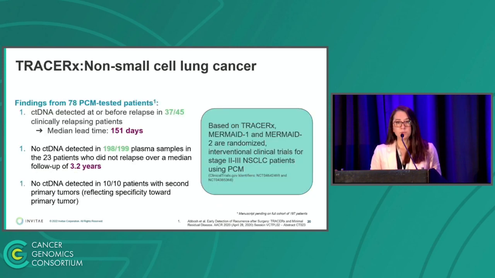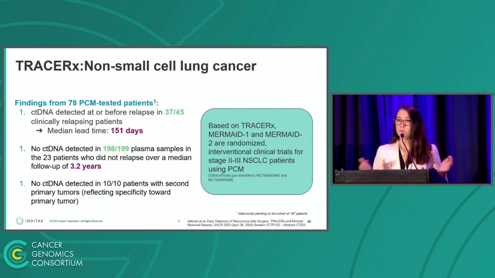So the findings from the first group that was reported, these were 78 patients tested with PCM, was that in the patients who clinically relapsed by that point, ctDNA had been detected at or before evidence of relapse in 37 out of 45 patients.